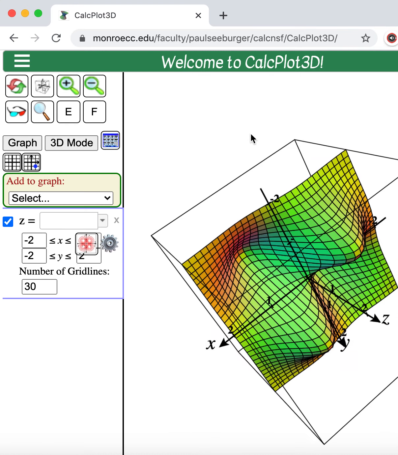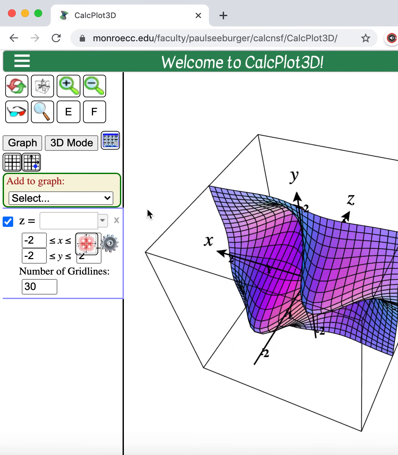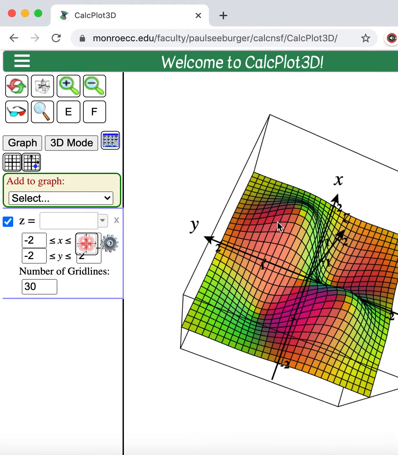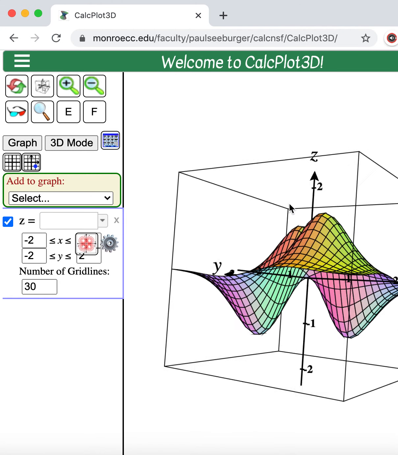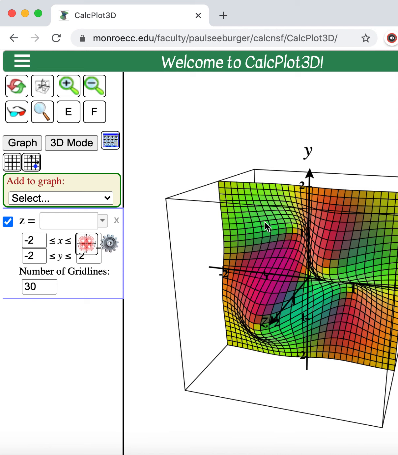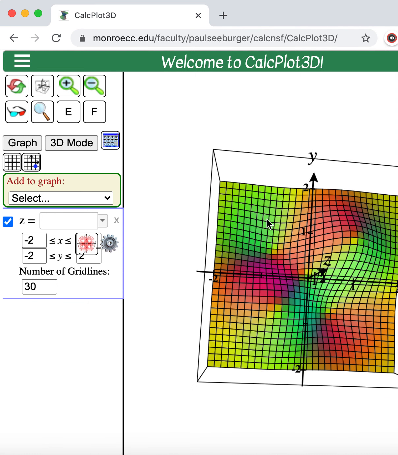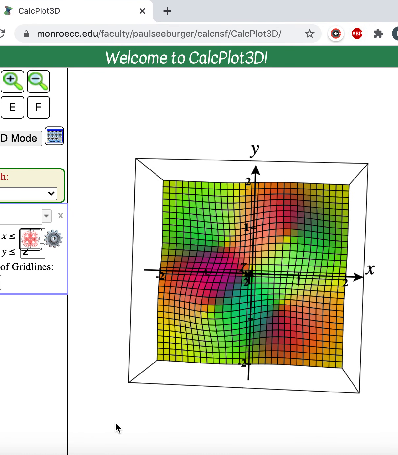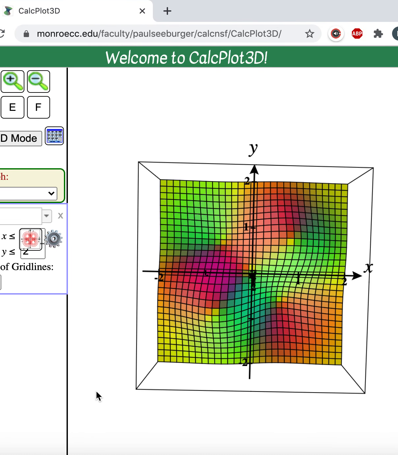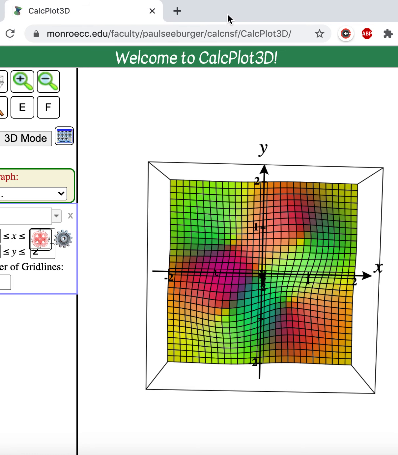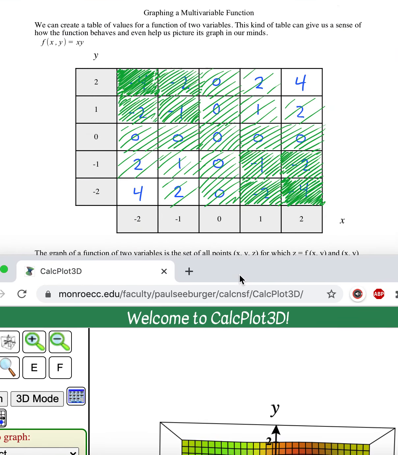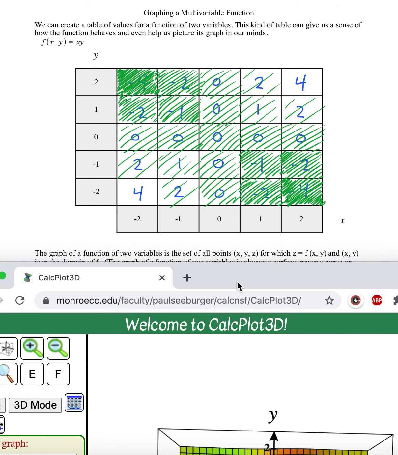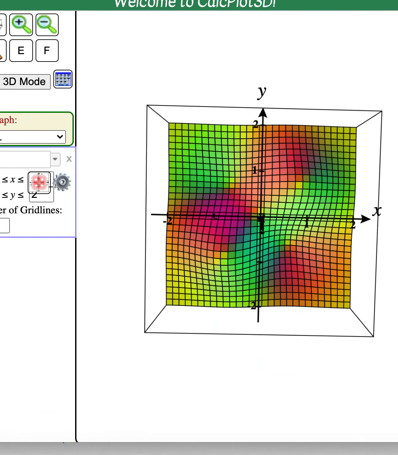Before I do, remember that we were looking at the XY plane. We were looking at coordinate pairs, combinations of X and Y. So it would be like we're looking down on the surface. That's what we have here, looking down on the surface from above.